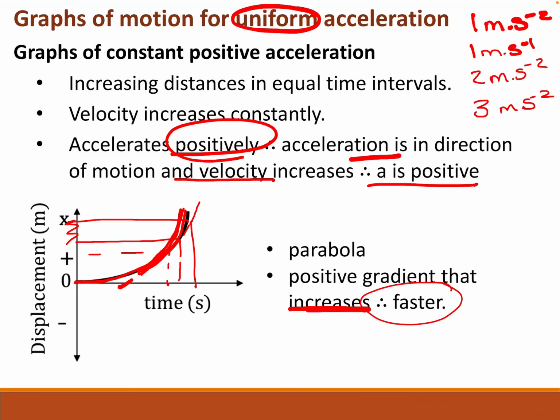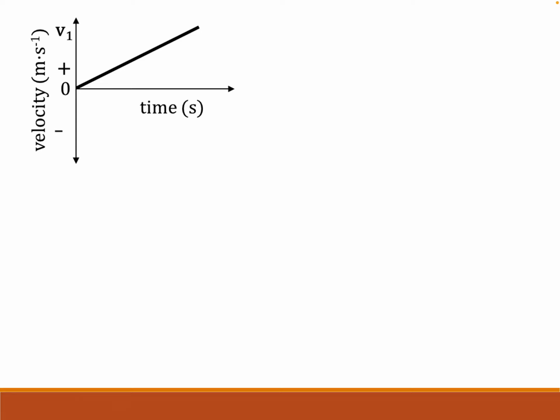Remember, I said to you just now that if I could find the gradient of this graph, this gradient would still give me the velocity. Okay? But this velocity is always changing, which we know. Why? Because it's accelerating. If we now look at velocity, velocity is going to give me a straight line because every second it's getting faster by the same amount.